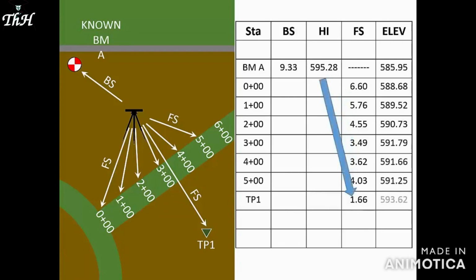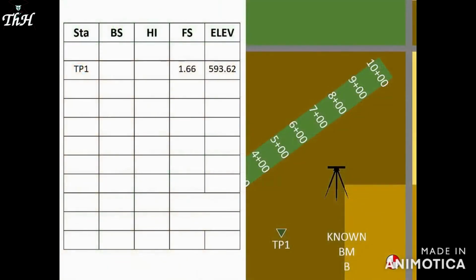Since the last foresight from the instrument setup is a turning point, we'll read the backsight for the next setup at that same turning point. Since we created the turning point row during the first instrument setup, we'll now record the next backsight in that same row. Once again, we'll add the backsight reading to the turning point elevation, and we get the HI of the second setup, 601.24 feet.